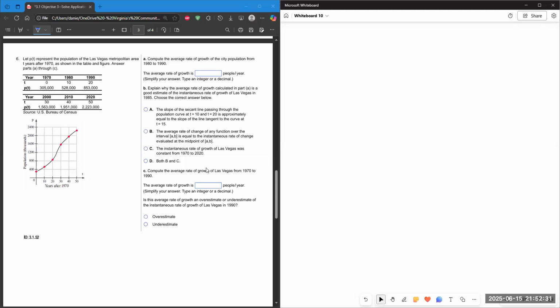So first, let's find the average rate of change from 1980 to 1990. So that's from t equals 10 to t equals 20.